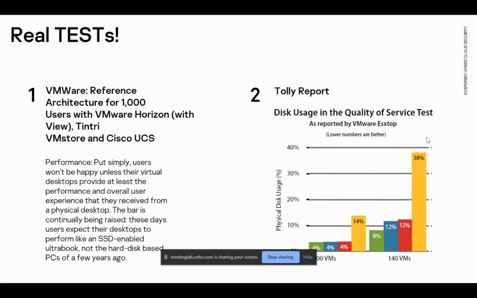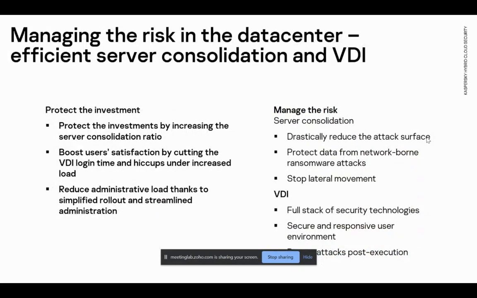I think we are a little bit short on time, so we'll just skip through some slides. Okay, so I just quickly wanted to talk about the VDI architecture, virtual desktop infrastructure.